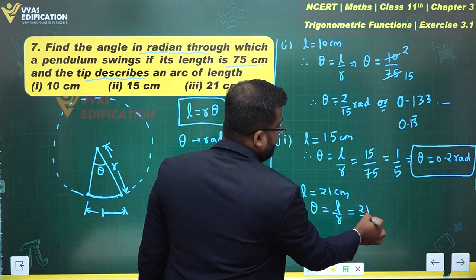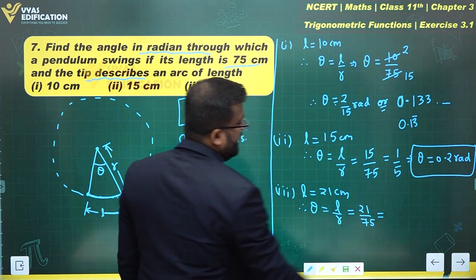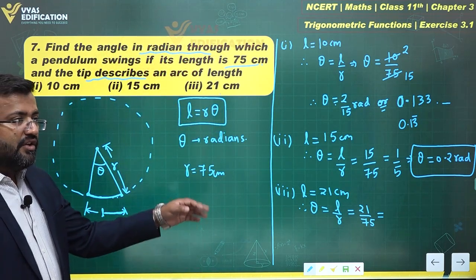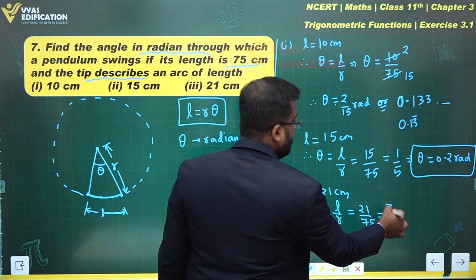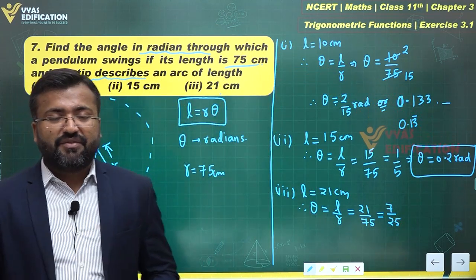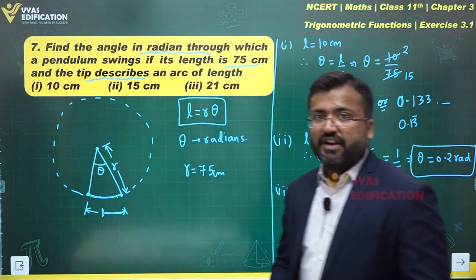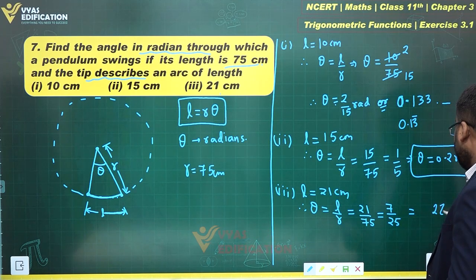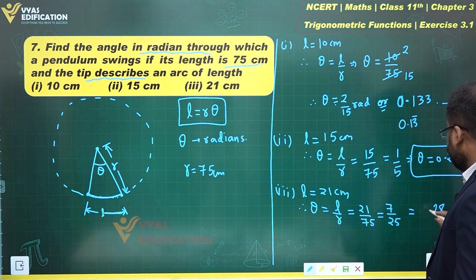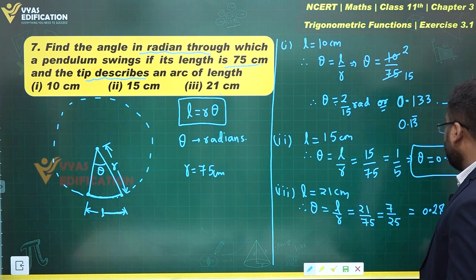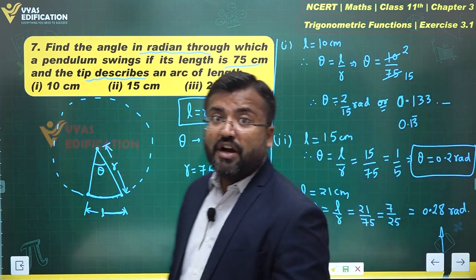L is 21, this is 75, and you can cancel by a factor of 5, you will get 7 upon 25. This is 7 upon 25 radian, or it can further be simplified. Division by 25 is not a difficult thing, you can always do that. Multiply the numerator by 4 and put a decimal after 2 places from the right. This is 0.28 radian. That's my answer for this third part over here.